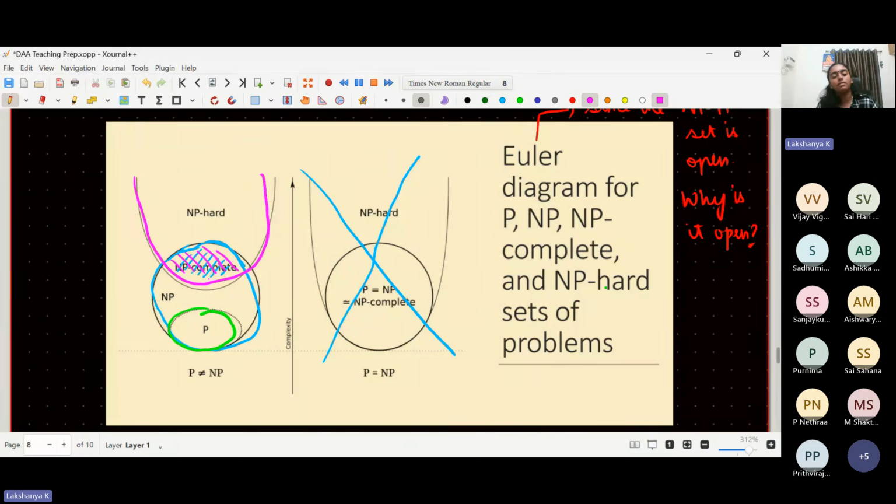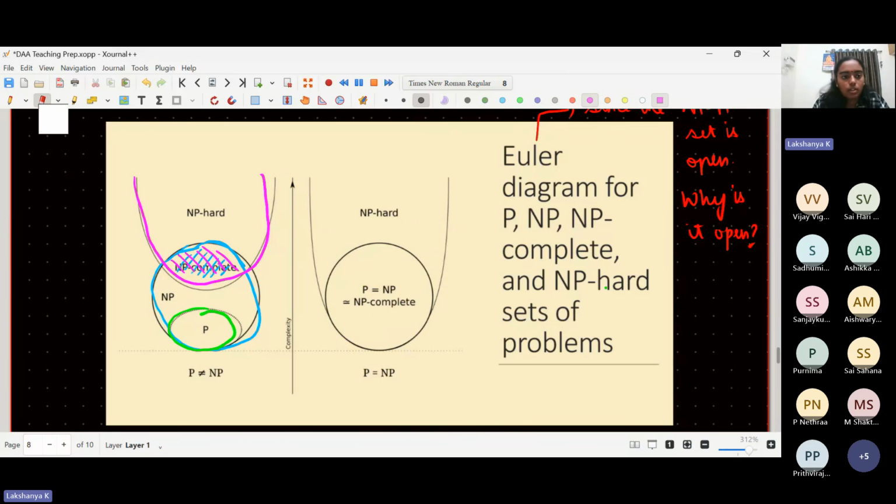And also this one is verifiable in polynomial time, right? So that is NP complete. So this part, it's just if your P and NP were equal, meaning anything that is verifiable in polynomial time was also solvable in polynomial time, then this entire circle becomes one entity. That's all. This is not really important, so you don't have to pay too much attention to it.